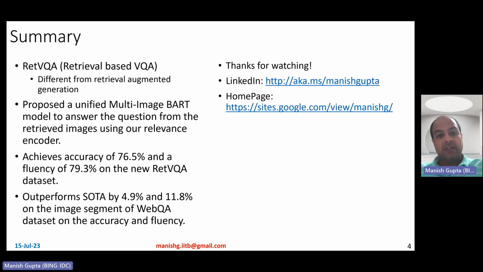We showed how we achieved an accuracy of 76.5% and fluency of 79.3% on the newly proposed RetVQA dataset. And we also showed that our RetVQA model, our MI-BART model, actually outperformed the state of the art on the existing WebQA dataset by massive amounts, 4.9% and 11.8% on accuracy and fluency respectively.